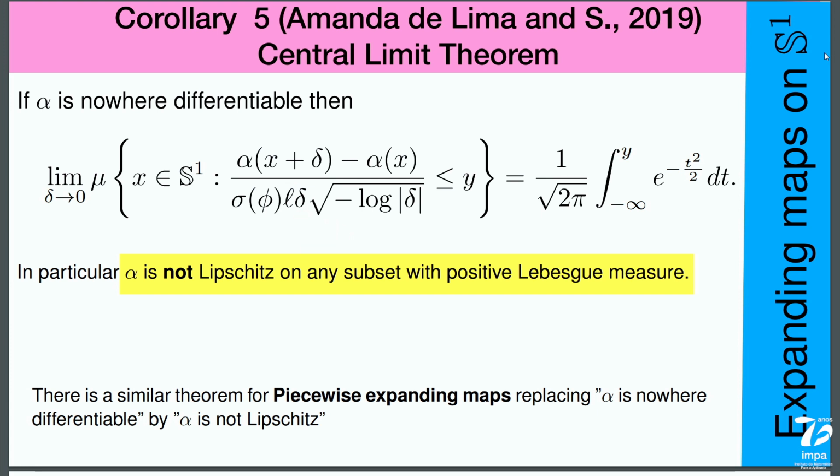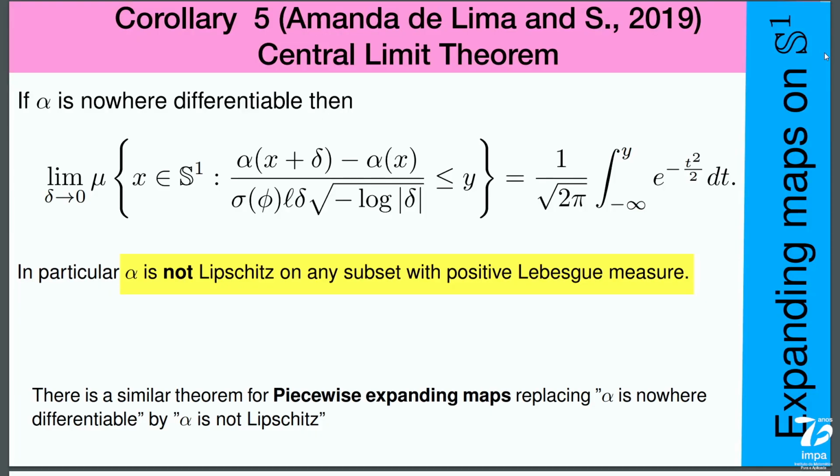Maybe you don't like these statistical results, but a corollary of this is that alpha is not Lipschitz on any set with positive Lebesgue measure. If you pick any set of positive Lebesgue measure on the circle, alpha is not Lipschitz. So it's really bad. It's not even a bounded variation function.